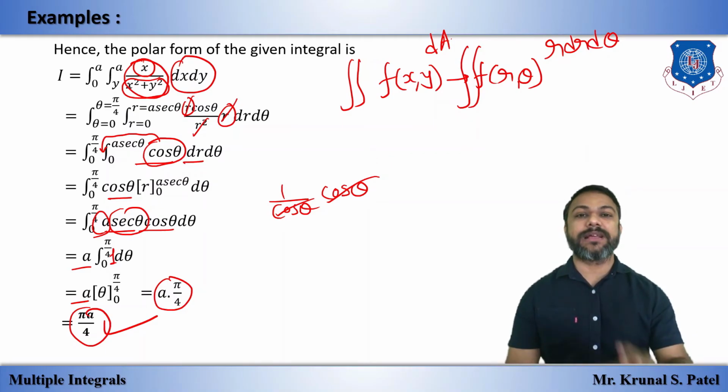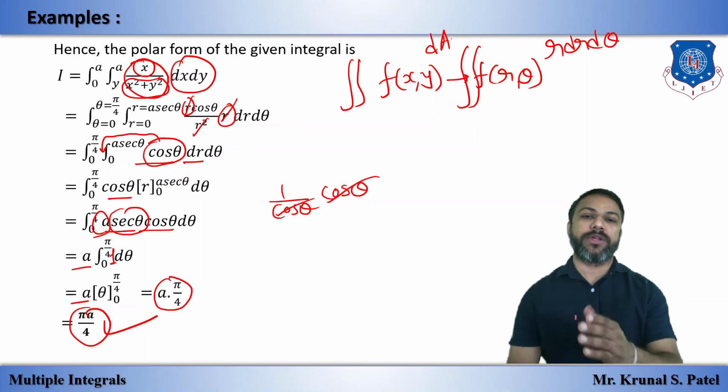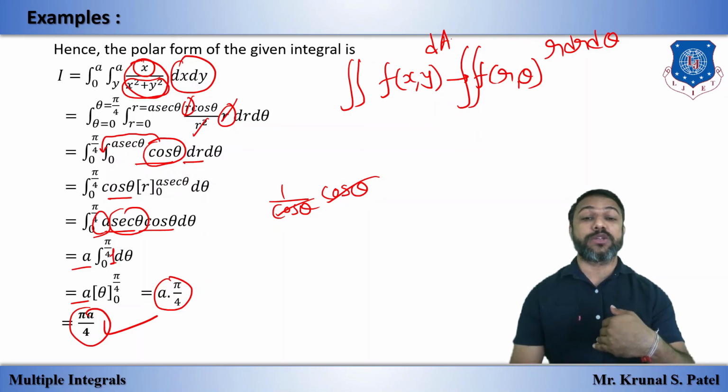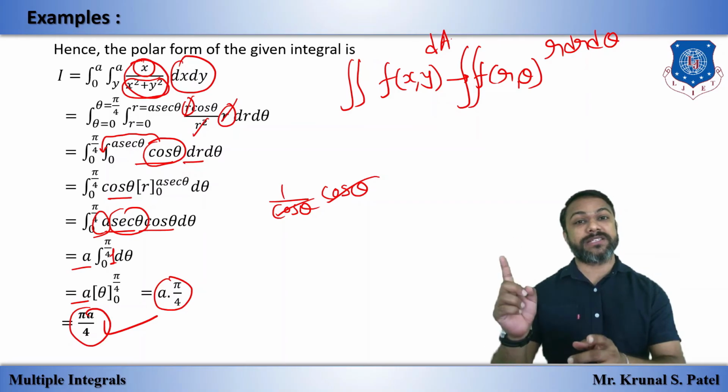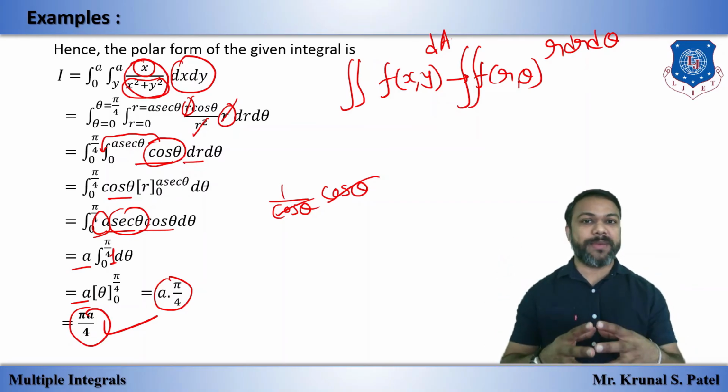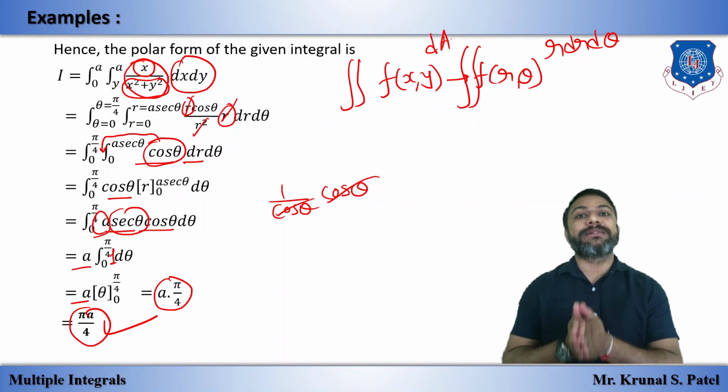So how we can convert Cartesian into polar, that we have seen, and why we can go this quickly in this topic is because we have already studied polar form. In the first lecture we have seen an example based on polar form where limits are given.